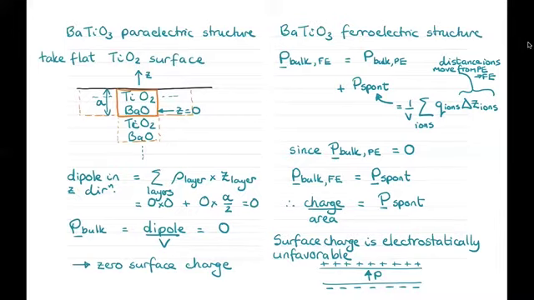And so one needs metallic electrodes to screen and compensate the surface charge, and even in the presence of metallic electrodes, the polarization can be suppressed. It can rotate into the plane, or even sometimes a paraelectric phase can be more stable.